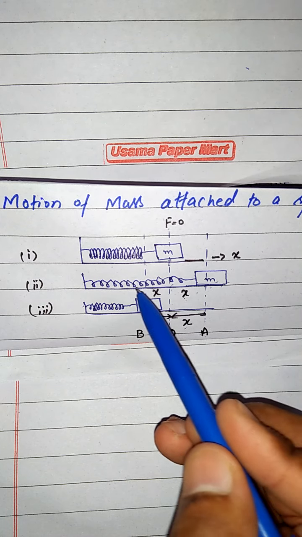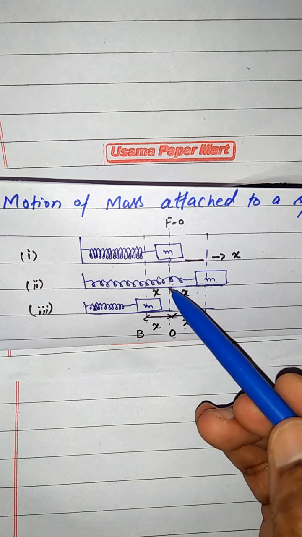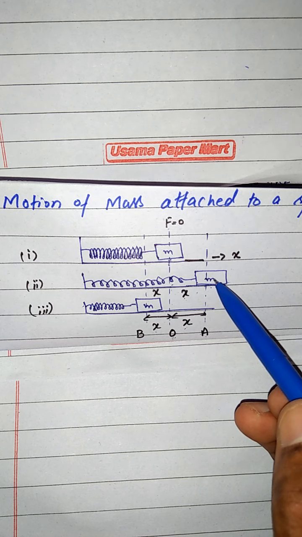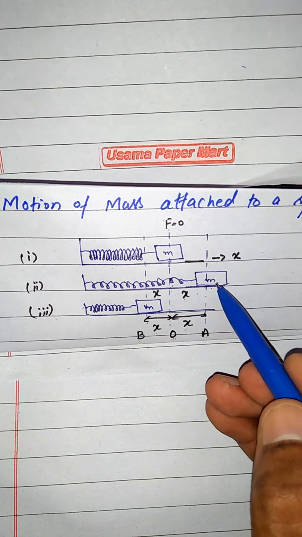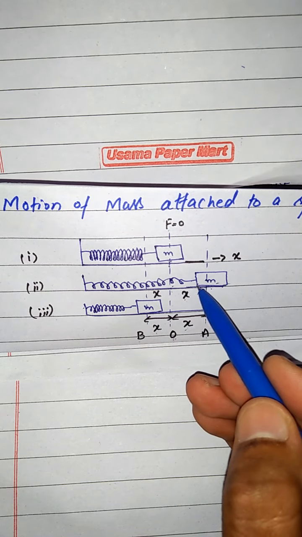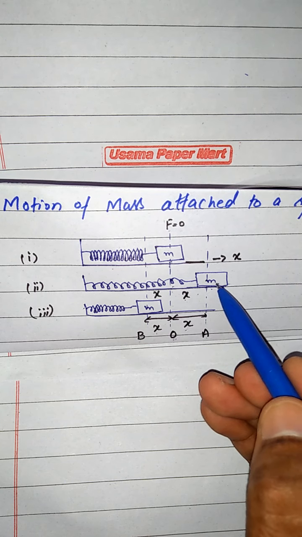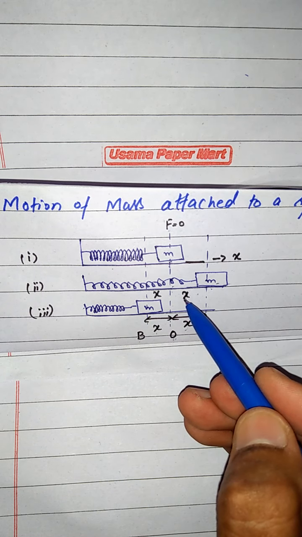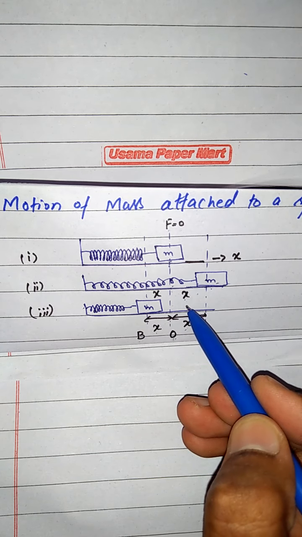When we stretch the spring to the extreme position, in other words we apply a force on the mass m and stretch it to the extreme position A. When we release it, the restoring force exerted by the spring on the mass will pull it towards the mean position O. Due to the restoring force, the mass moves back towards the mean position O. The magnitude of the restoring force decreases with the distance from the mean position and becomes 0 at O.